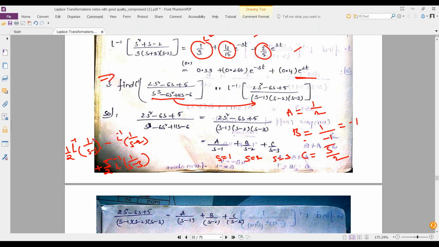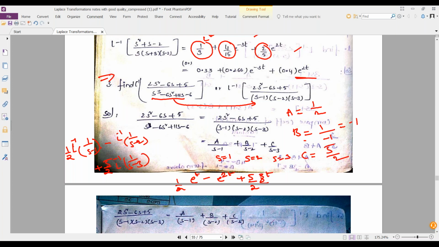So clearly it is in the form of the inverse Laplace of 1 by s minus a. So it will be 1 by 2 e to the t, plus minus 1 e to the 2t, plus 5 by 2 e to the 3t. This would be the answer.